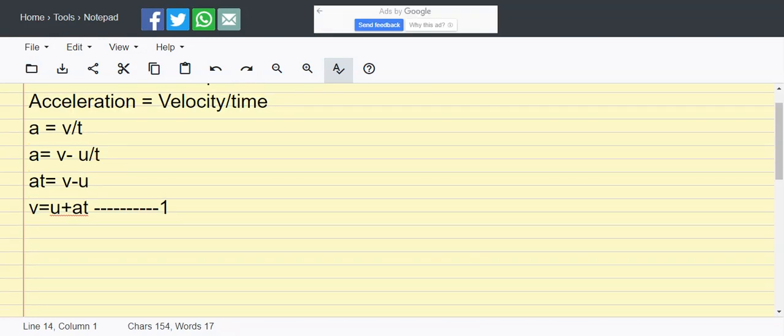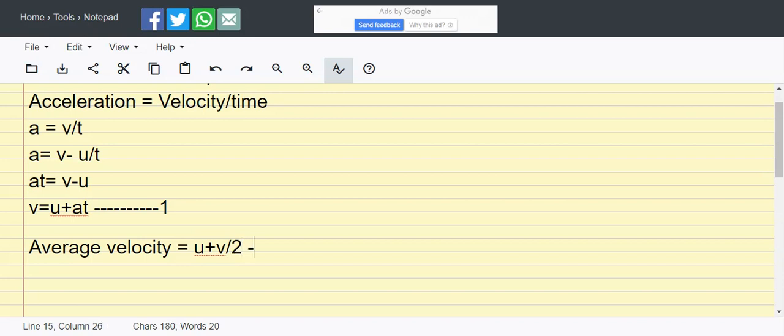So now, using this formula, average velocity equals u plus v over 2.